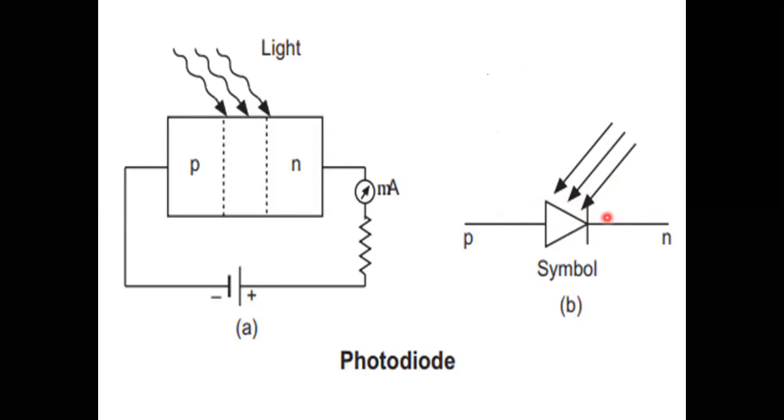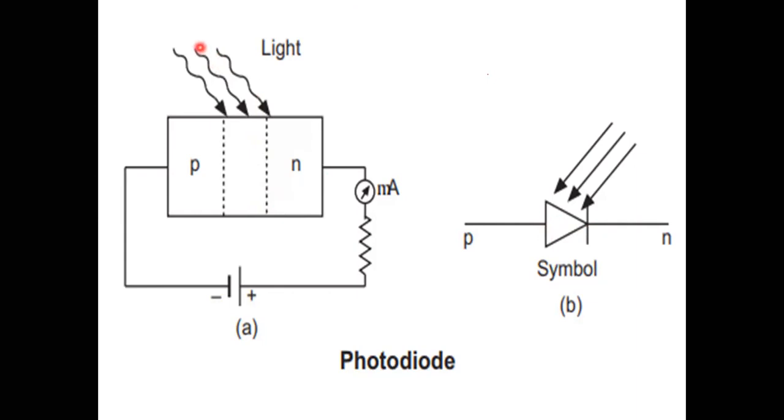In forward bias condition, it just acts as a normal PN diode. But in reverse bias condition, the actual working of this photodiode comes into the picture. So this is mostly operated in reverse bias condition only.